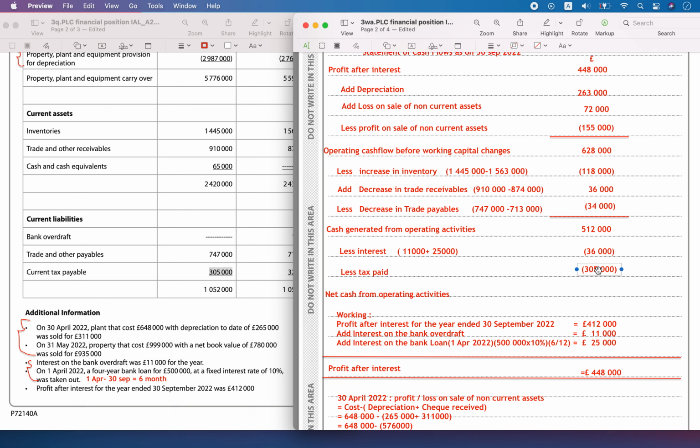So you subtract these two from the cash generated from operating activities. So 512,000 minus 36,000 minus 305,000 is 171,000. This is the net cash from the operating activities.